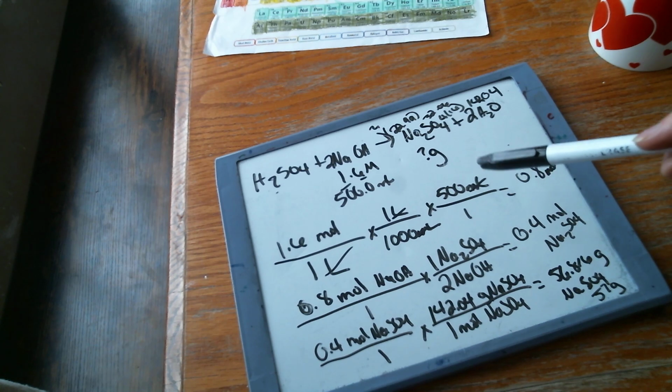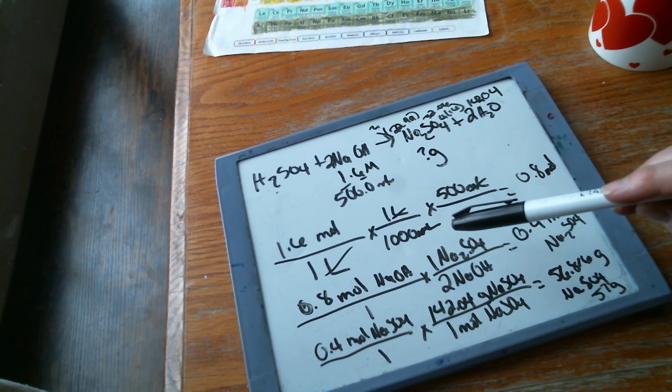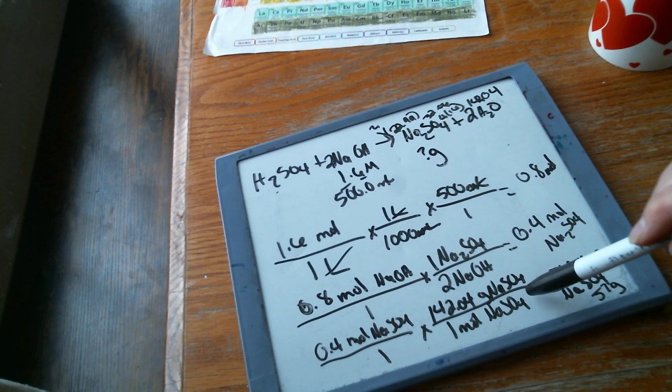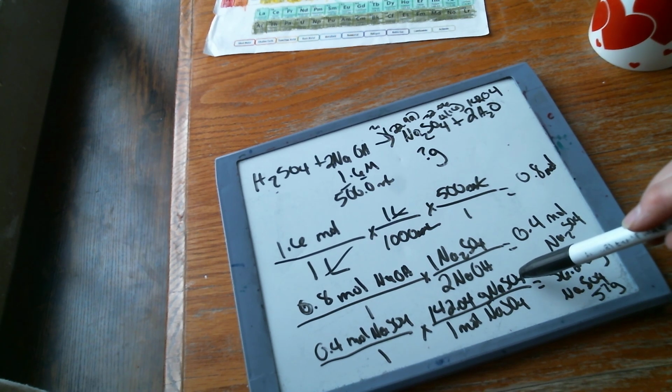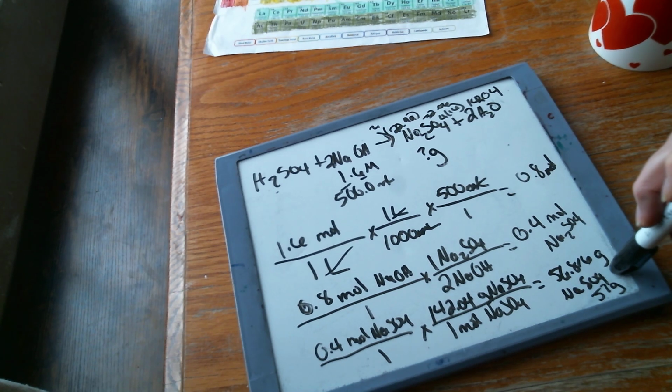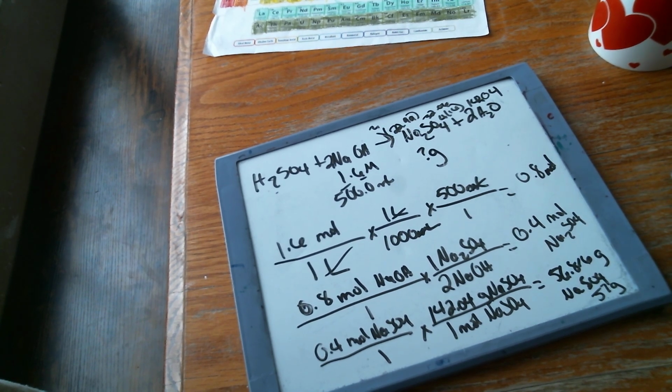Then if we need to find grams, we take our atomic mass units, knowing that the atomic mass units in grams is equal to 1 mole, to get our grams. Okay, that was the recap.